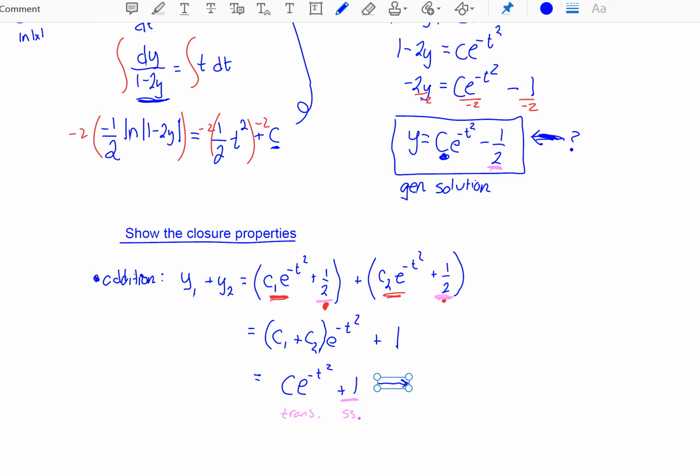And so I want to say this is not part, or let's not say part, let's write it as: this is not an element of the solution space.